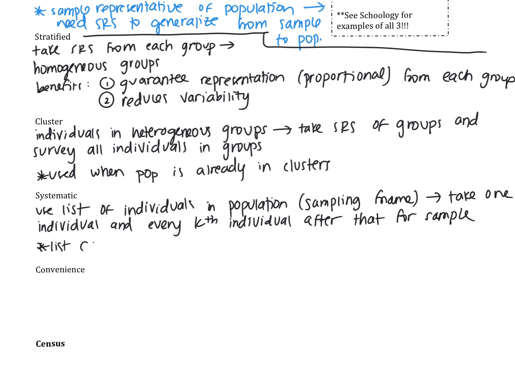So the list cannot be in any order related to the variable of interest. Again, a systematic sample, really the only benefit is convenience. If you have a good sampling frame to use, it's easy to choose a sample that way.